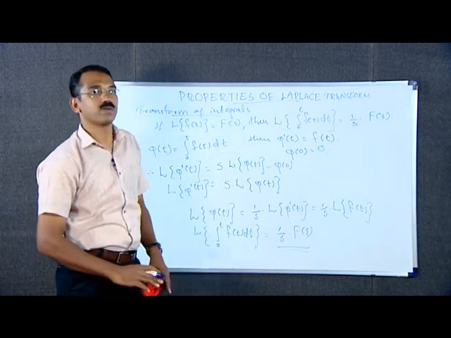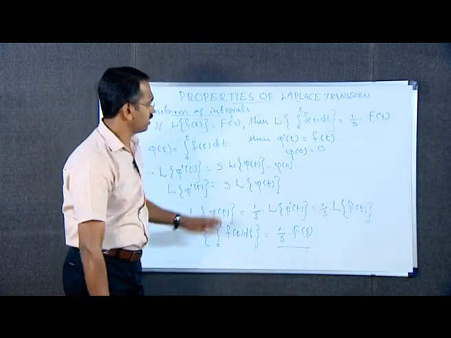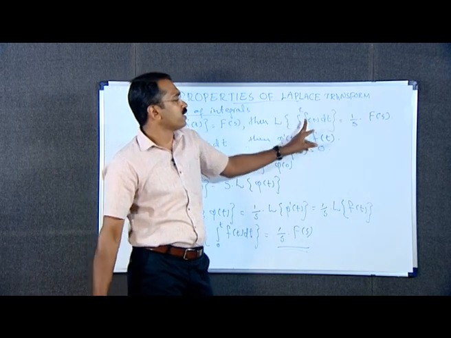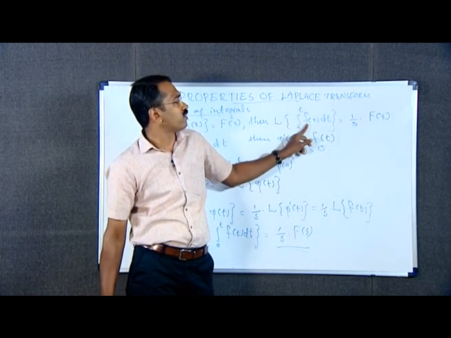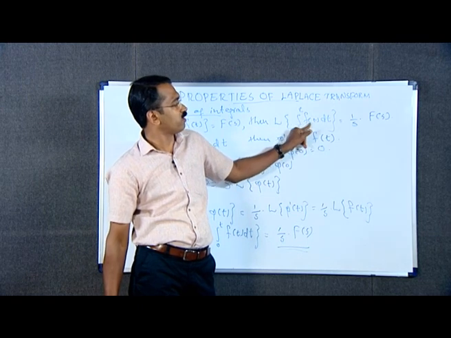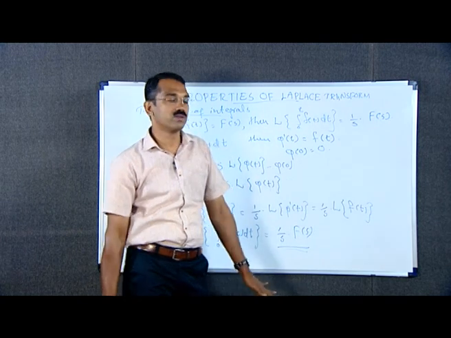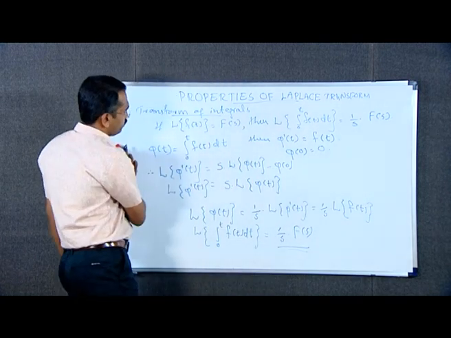This is the property of transform of integrals. That is, in order to find the Laplace transform of an integral of this form, 0 to t of f(t) dt, we just multiply F(s) by 1 by s.